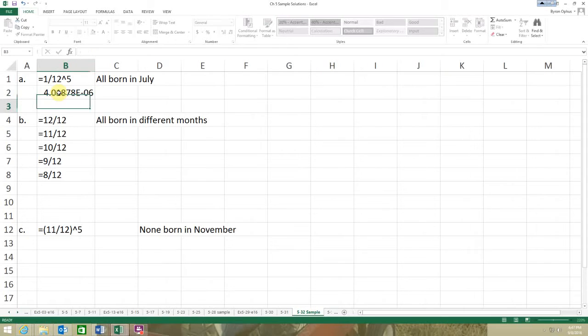Should work out. It's a small number. That's what I'm getting there when it says it's to the -6, so I'd have to go over 6 decimal points from there. About 0.00004 is something to that effect. So it would be a small chance that all 5 people you randomly select would be born in July.